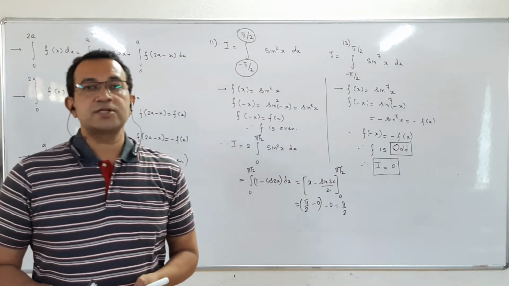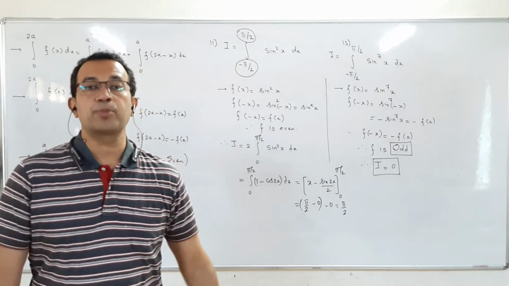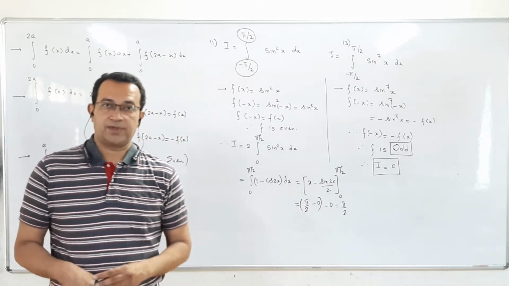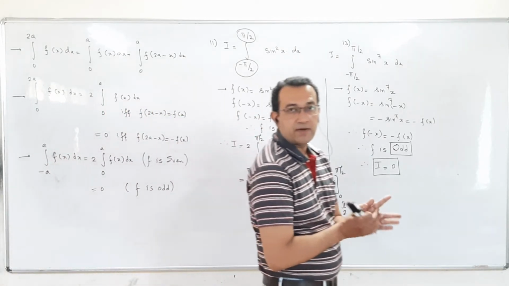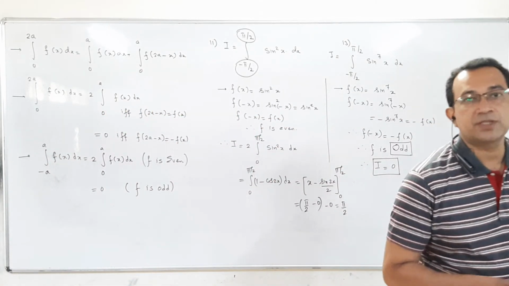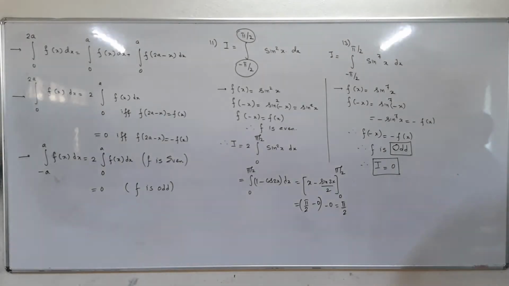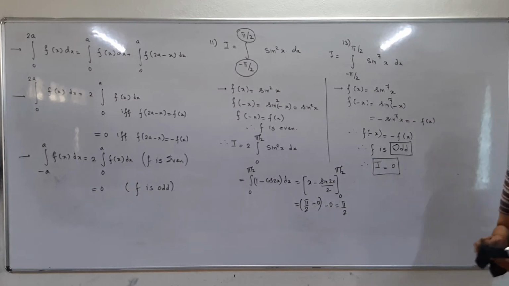So this is how, students, the even odd property is applied in the sum. This is how, students, we have applied the concept of even odd properties. Okay, students, now we are going for questions 12 and 14.